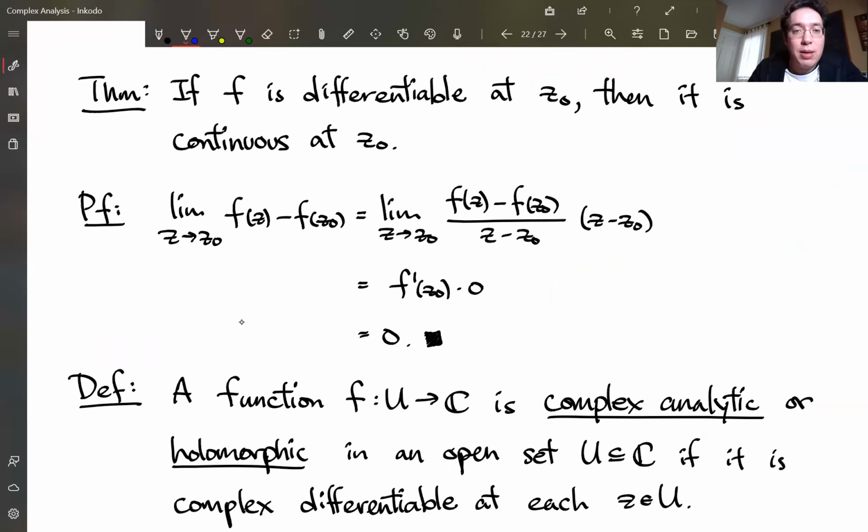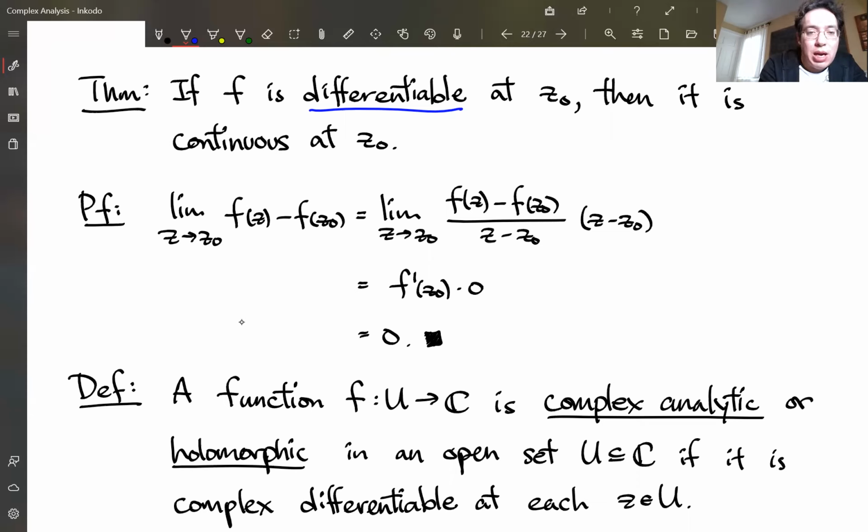A theorem here. If f is differentiable at z0, then it is continuous at z0. So this is a useful fact, which is also true in the real derivative sense, but let's prove it. Differentiable means a particular limit exists, so we have to use that in the proof. Okay.